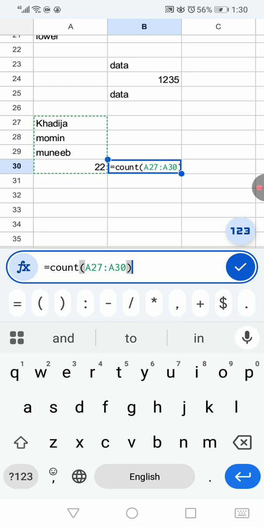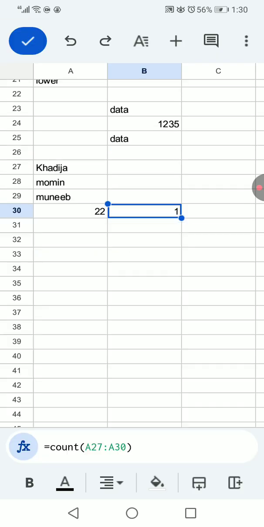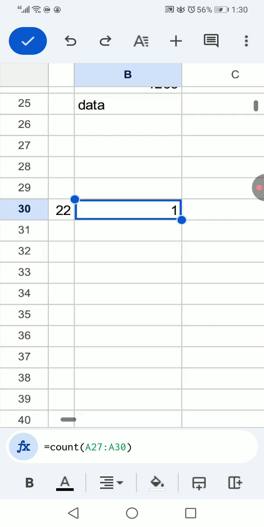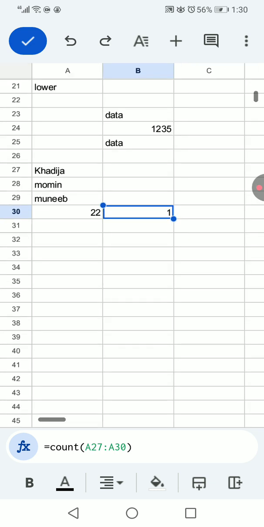Count will be used to see how many cells contain numerical data. Please be attentive, this is used for numerical data. So we will click and see the result. Here you can see that Excel has given us the result that only 1 cell contains numerical data.